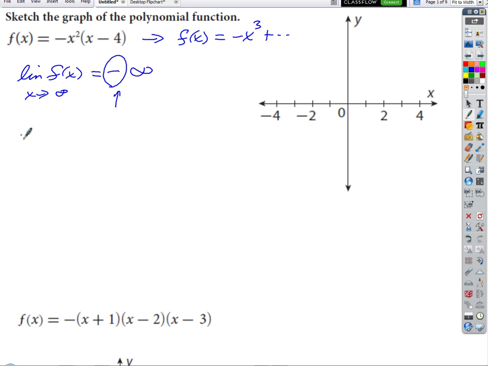What about the limit of f of x as x approaches negative infinity? What's that going to be? Maisie, what do you think? So we know it's going to be infinite, and we've got to know what goes there. So let's focus on just this first term. If I plug in a negative number, what am I going to get?